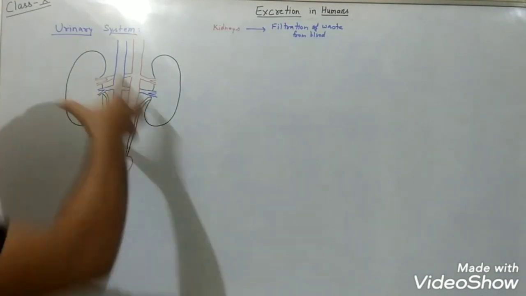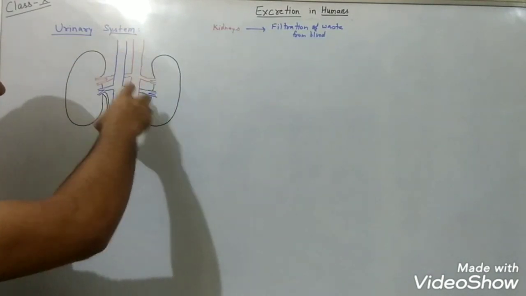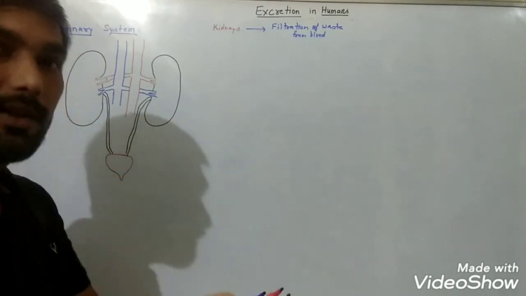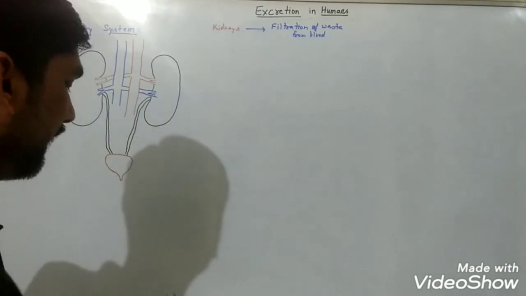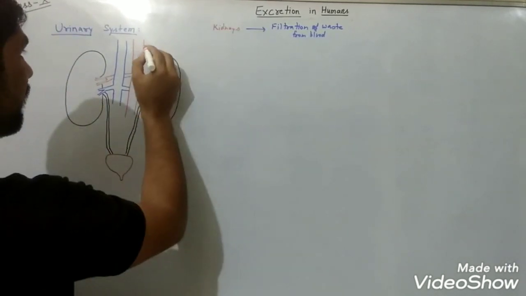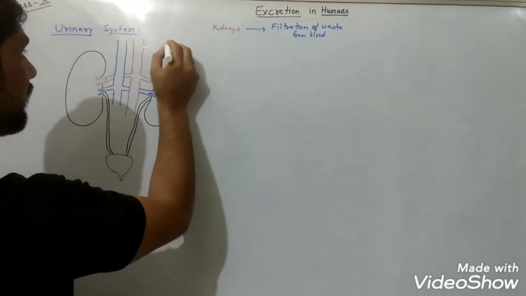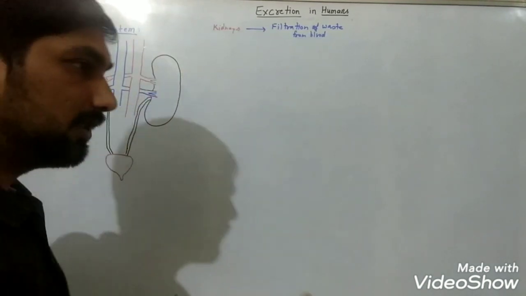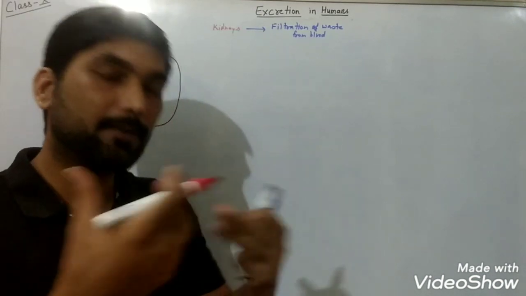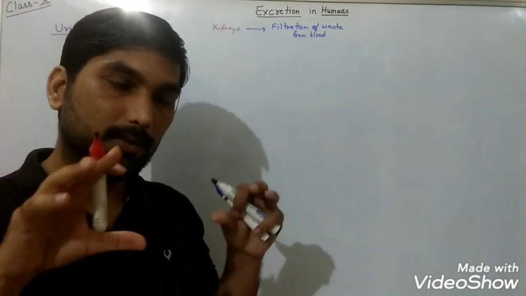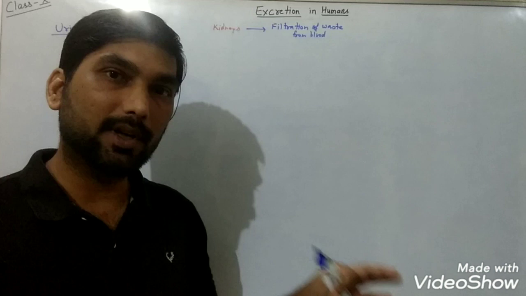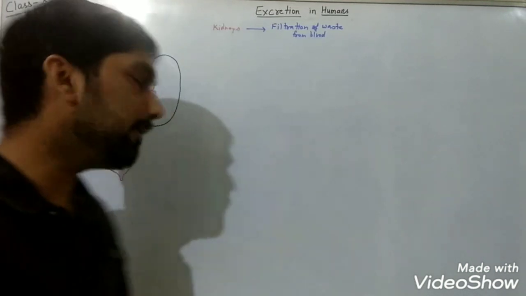And the blood vessel which provides the blood to both of the kidneys, that is what? Artery. Here you can see the red one, that is artery, because these are the blood vessels which are coming from the heart and providing the oxygenated blood to each and every part of the body.